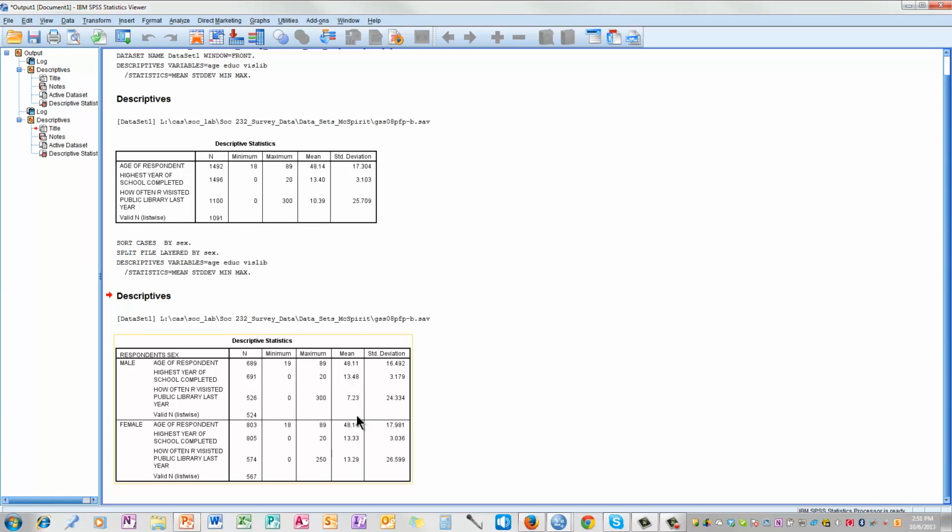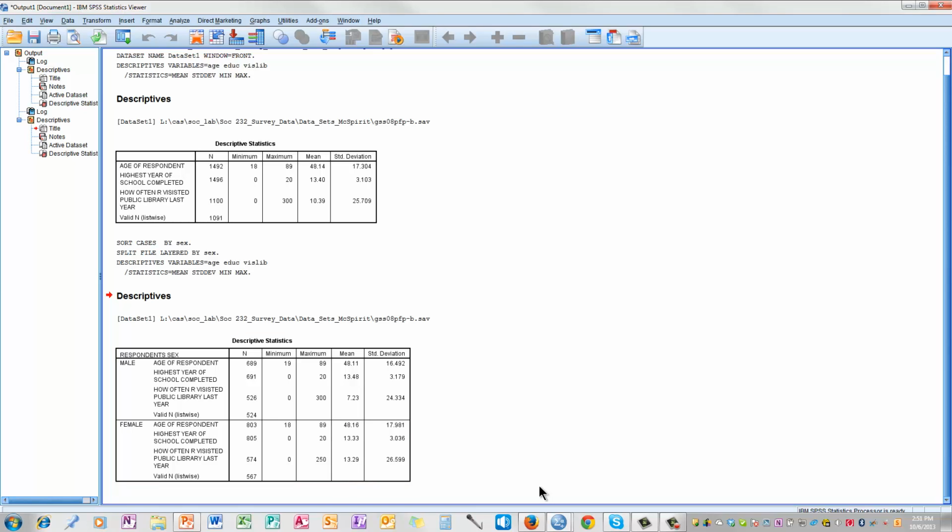But interestingly, who was more likely to go to their public library? Men, the average number of times visiting the library was 7. In comparison to women, the average was twice that in terms of 13.29.